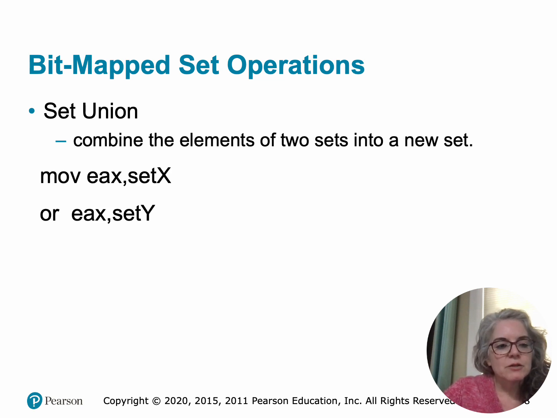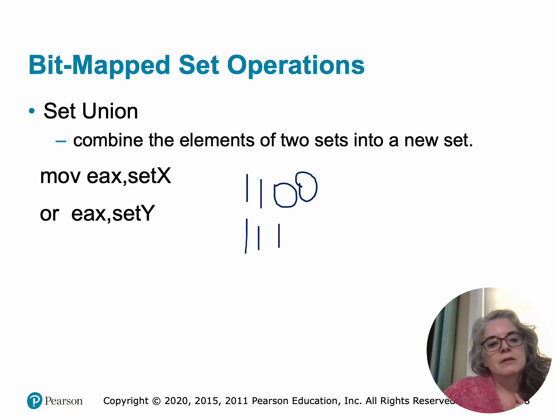So then we have the set union. And set union combines the elements of two sets into a whole new set. So we have set X and set Y, and we're going to combine those, and we're going to use the OR to create a whole new set. So again, let's say that set X has 1, 1, 0, 0. And then let's say that set Y has 1, 1, 1, 1.